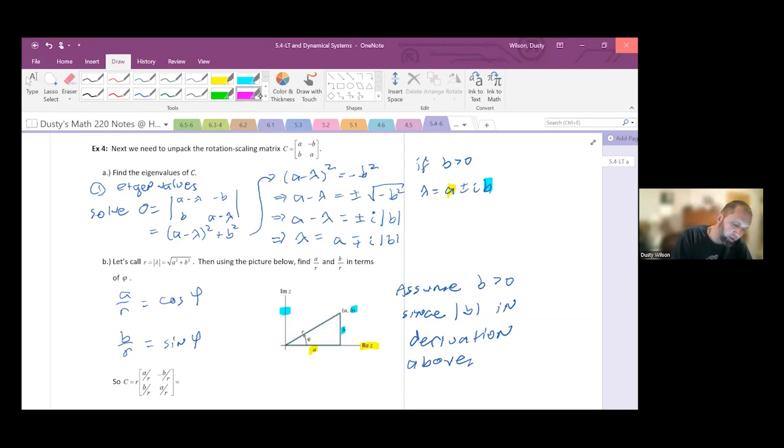So now we can look back at the C matrix, A minus B, B, A, and we could factor an R out of each of those terms.